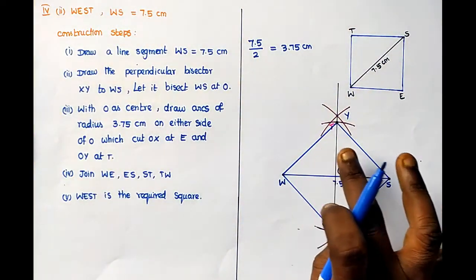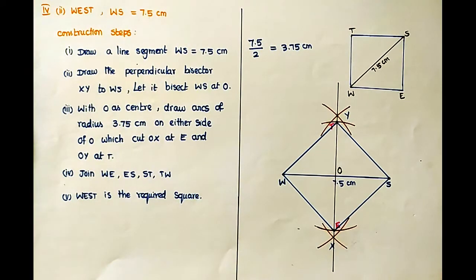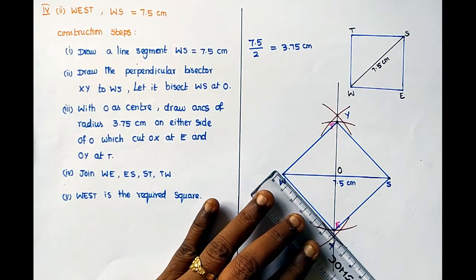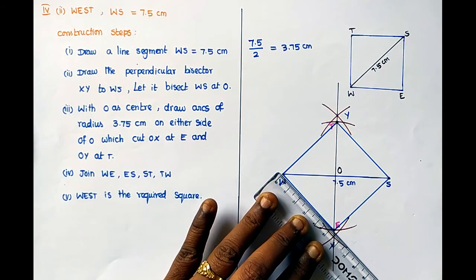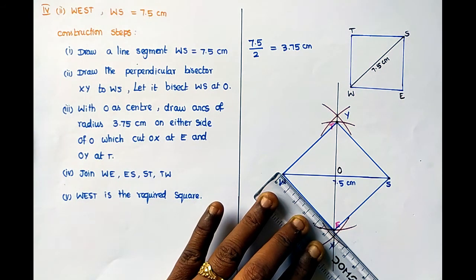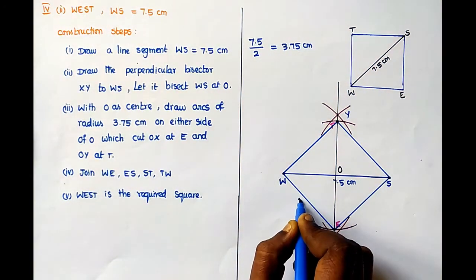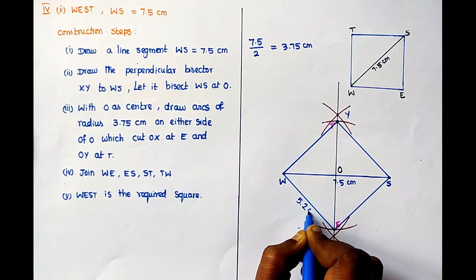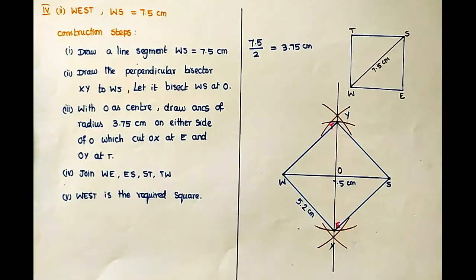We get the required square WEST. Now, measure the length of any side, that is 5.2. All the sides are 5.2.